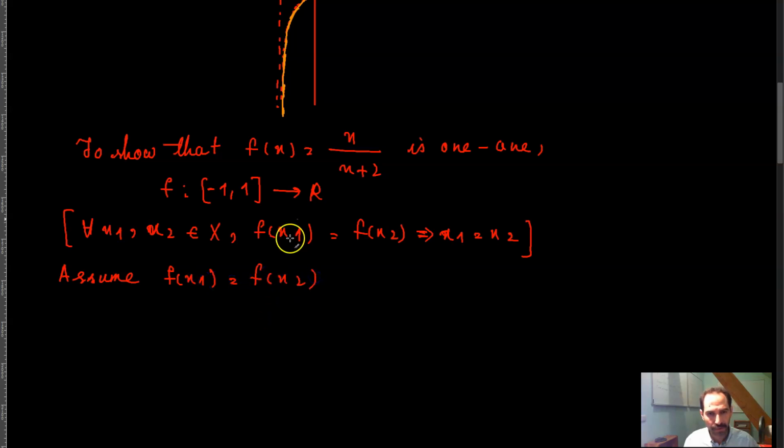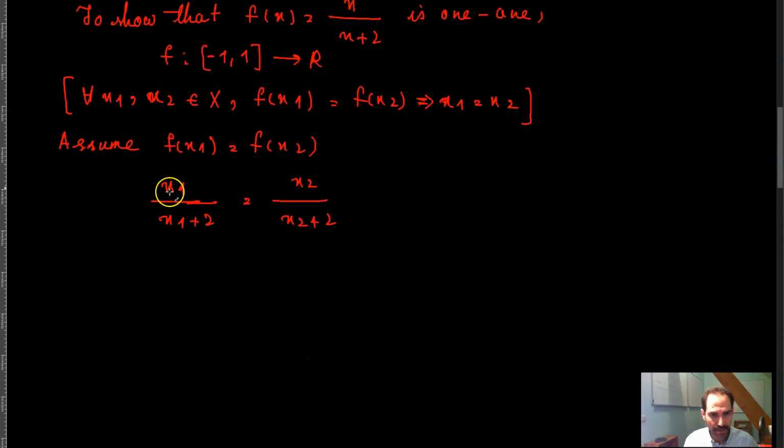F of x1 is equal to f of x2. So what that means is that f of x1 is equal to x1 divided by x1 plus 2, and that is equal to x2 divided by x2 plus 2. Now if I cross multiply, I will get x1 x2 plus 2 times x1 is equal to x1 x2 plus 2 times x2.